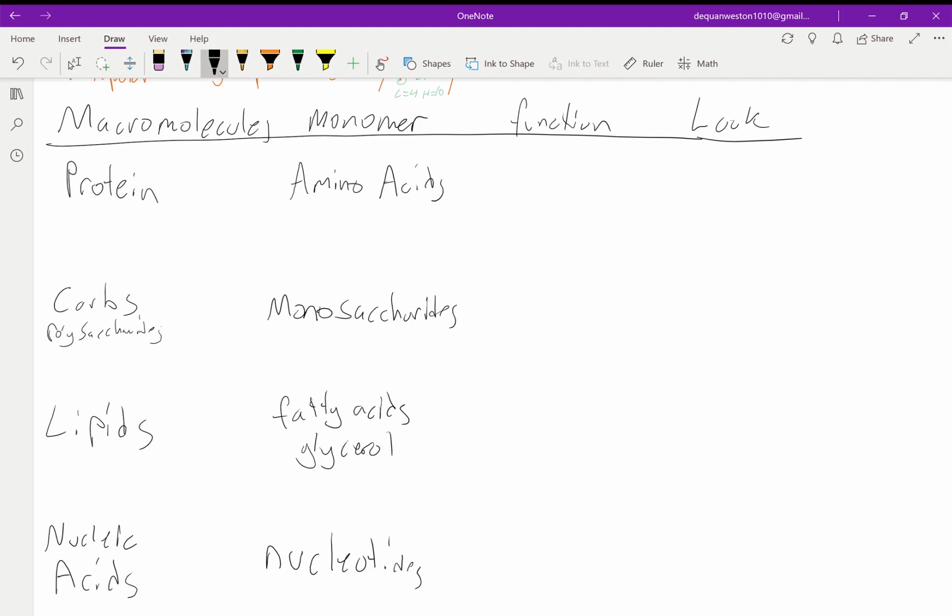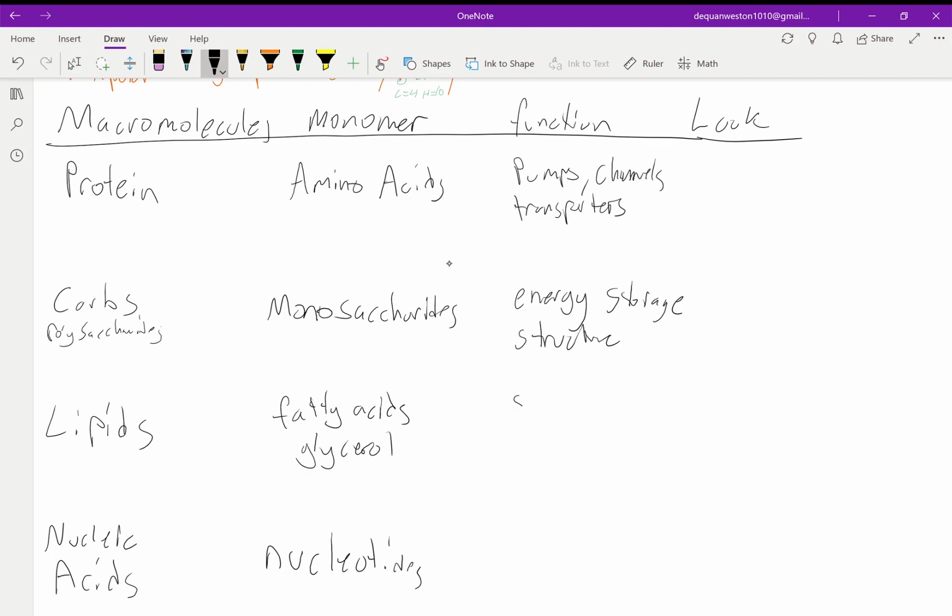So now we'll talk about the function of proteins. You might see these things in pumps, channels, transporters. For monosaccharides, carbs, the main thing is going to be energy storage and structure.